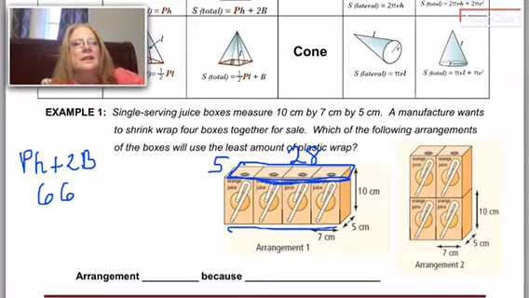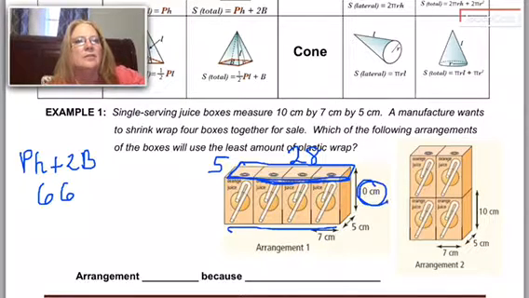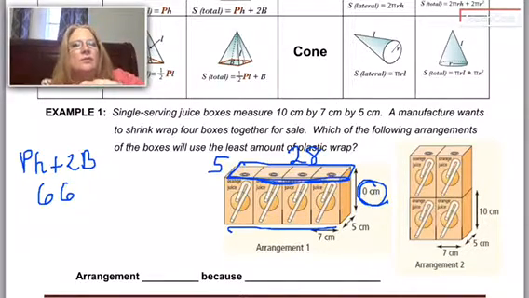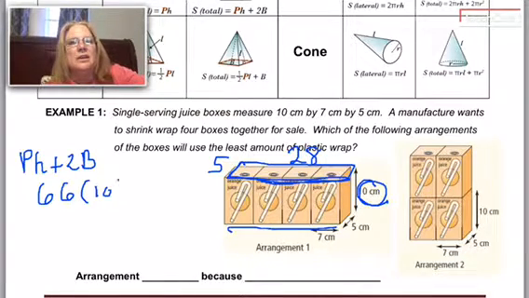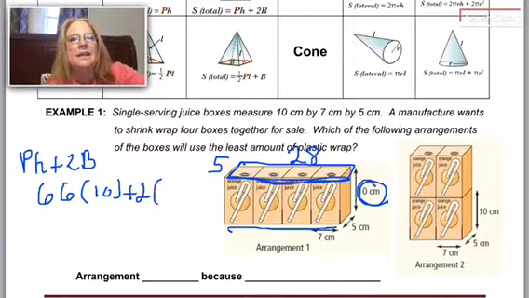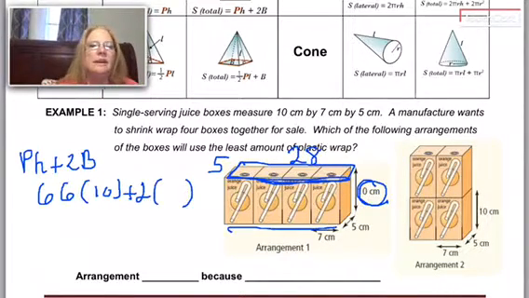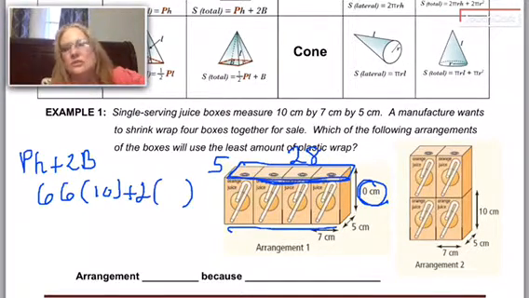And then the height is not part of the base, so this would be the height of the prism. So the lateral surface area is the 66 times 10, but we want the total, so to that we're going to add 2 times the area of the base. That would be 2 times 5 times 28, which is 140.